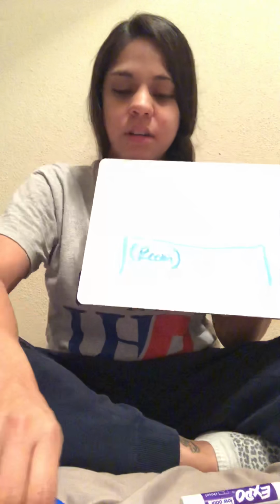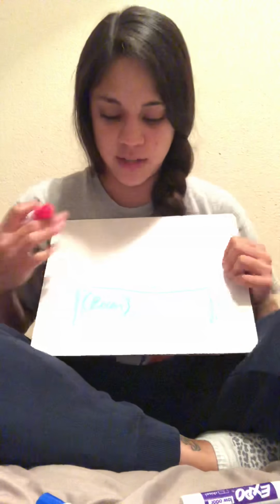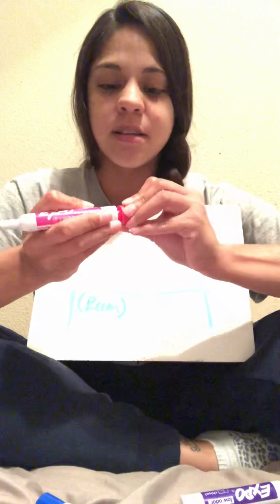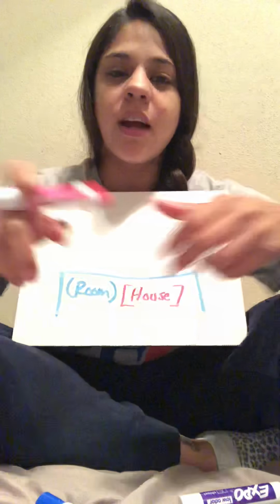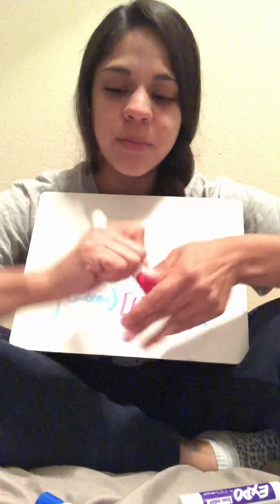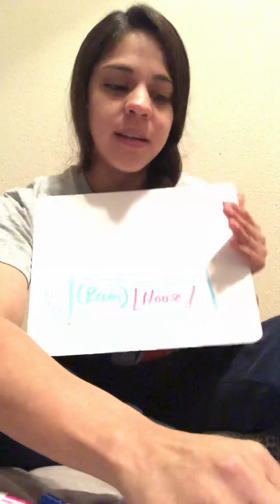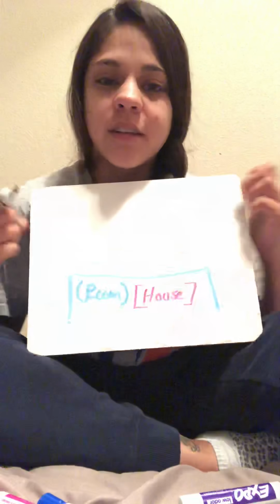So then after you clean your room, your mom and dad are going to tell you to come outside and clean some of the house, right? So those are your brackets. And then after you clean your house, you're going to be asked to come outside and clean some of your yard, right?